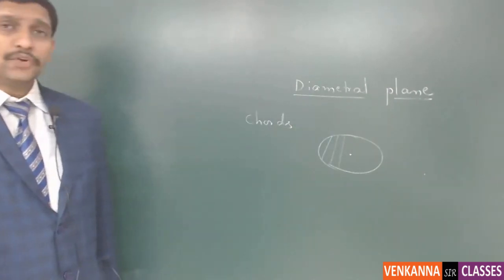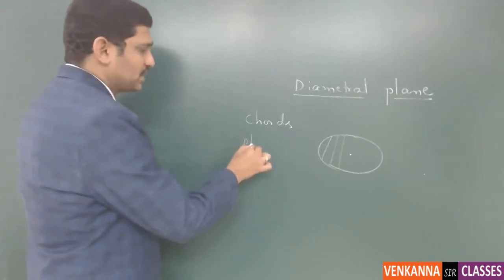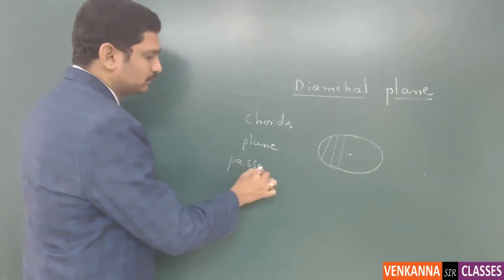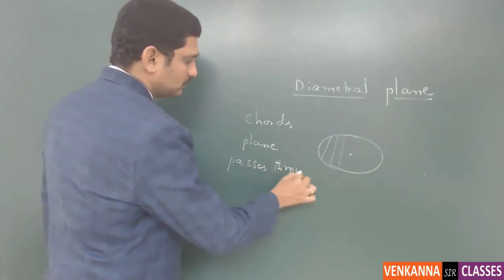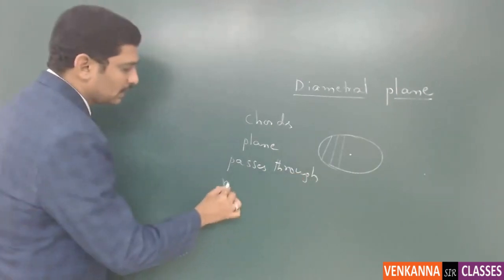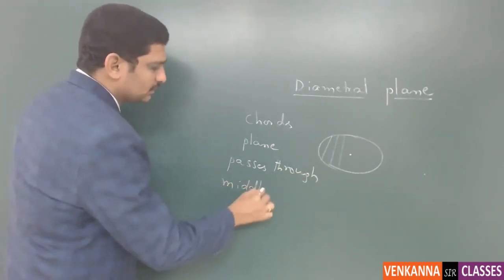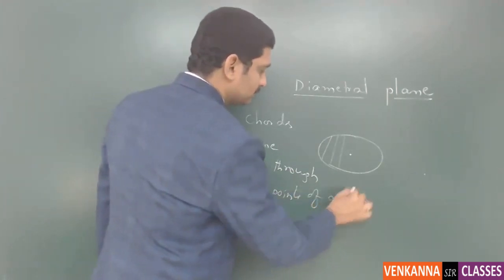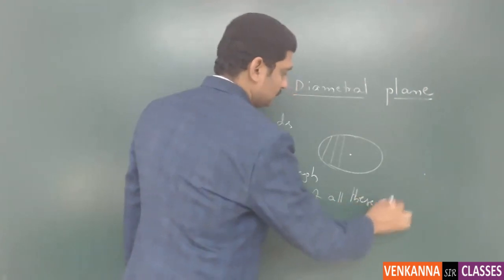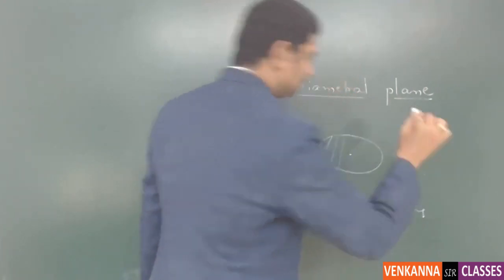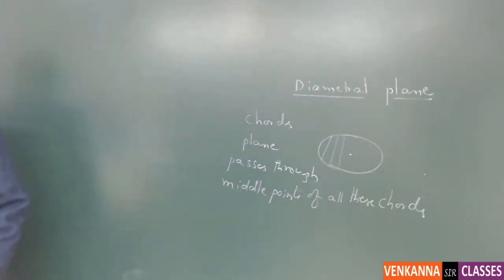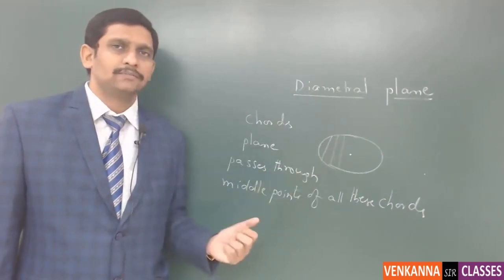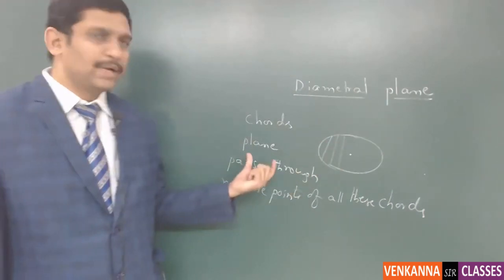So, if you try to find a plane equation which passes through the middle points of all these chords, so whenever we consider a system of chords in an ellipsoid, for each chord you have the midpoint.